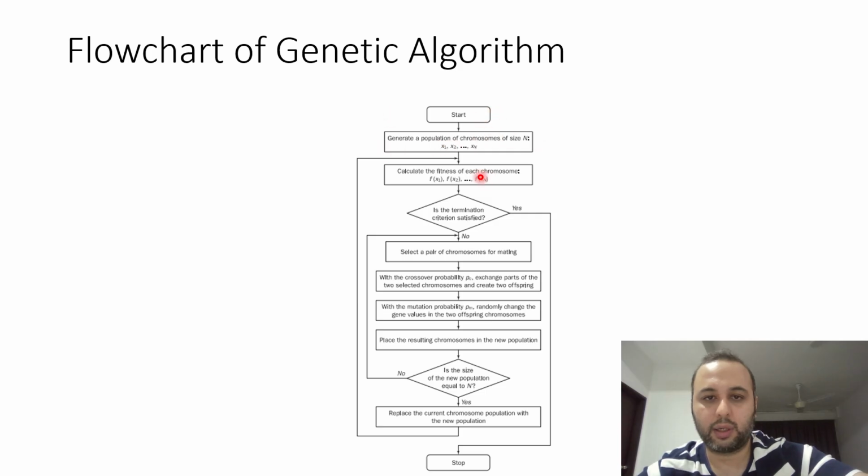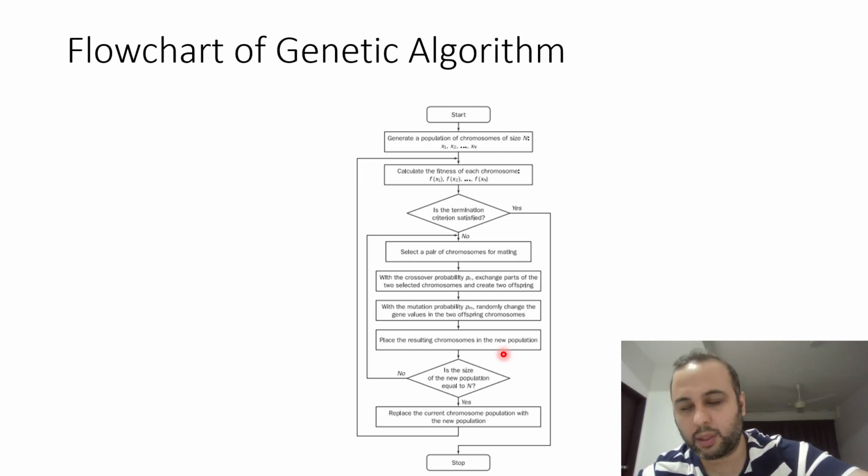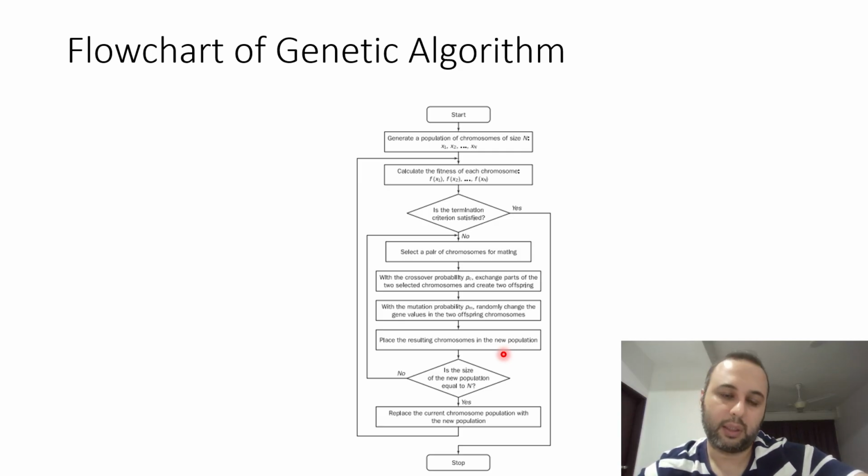Start and initialization, evaluation, calculate the fitness function, checking the termination condition. If yes, finish. If no, select a pair of chromosomes, make the offspring from the crossover, apply mutation, and replace the previous chromosomes with the offspring and mutated ones, creating a new generation.